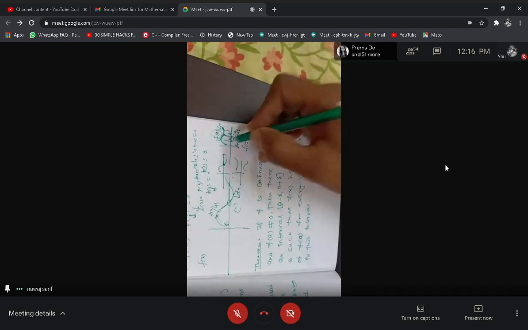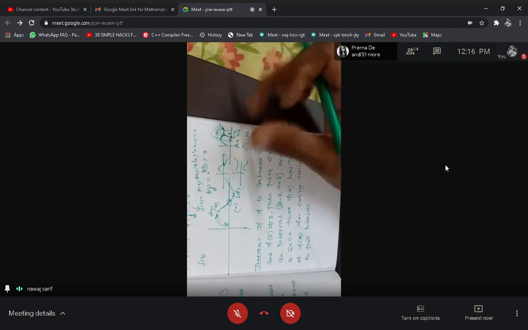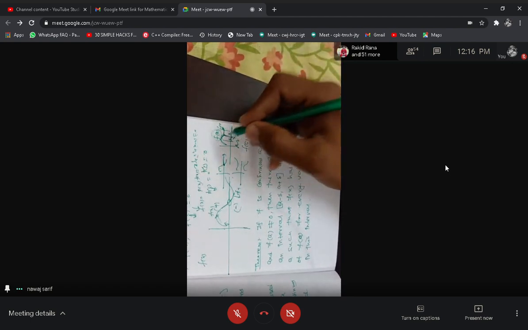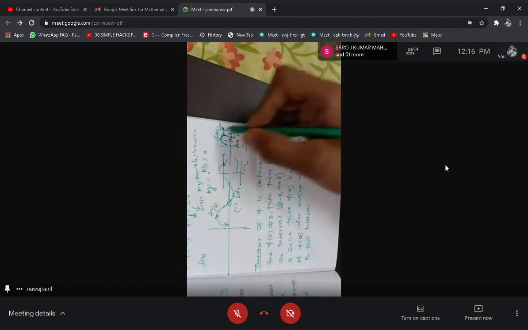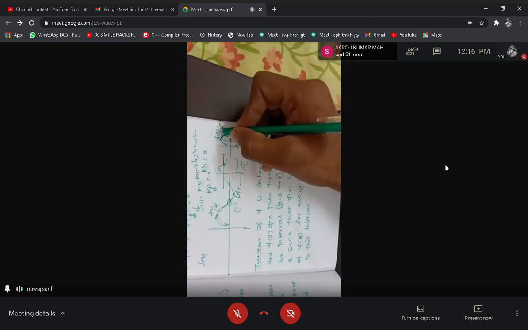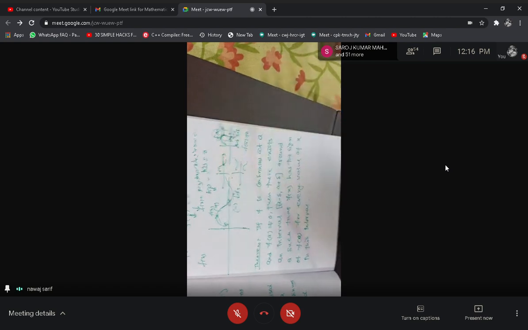That means in a neighborhood of a point, the sign of the continuous function is the same as the sign of the function at that point.